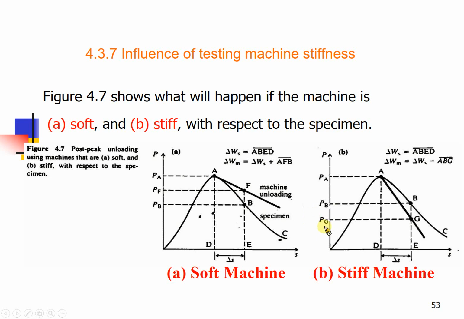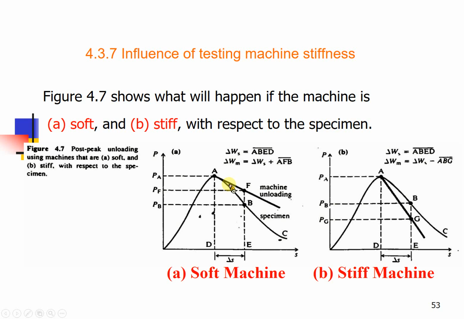Okay, so the idea is like this. If you have a soft machine like this, when the load goes from A and after displacement drops to here, you cannot release the force as much as we require.